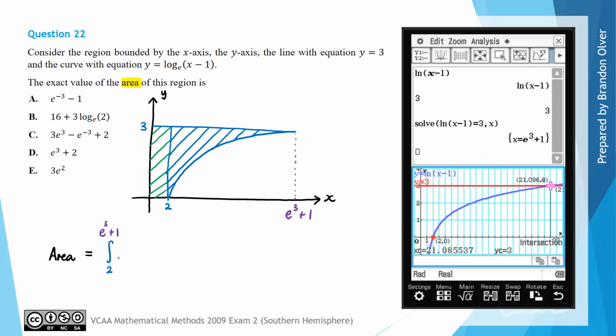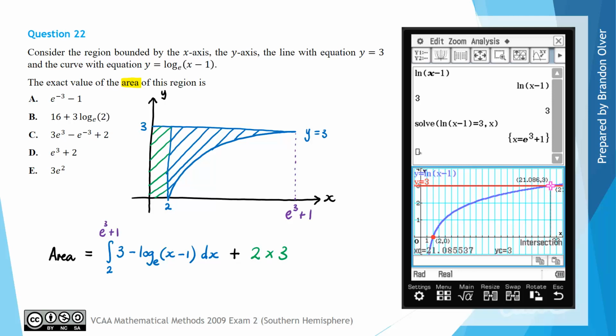And this is going to be a function where we do an upper subtract lower. So the rule for the upper curve, or that straight line, is simply y equals 3. And then we subtract away from that the lower curve, which has a function with rule log e of x subtract 1. And we integrate that with respect to x. And then we would need to add on to that the area of the green rectangle, which has a width of 2 and a height of 3. So 2 times 3 will give the area of that region.